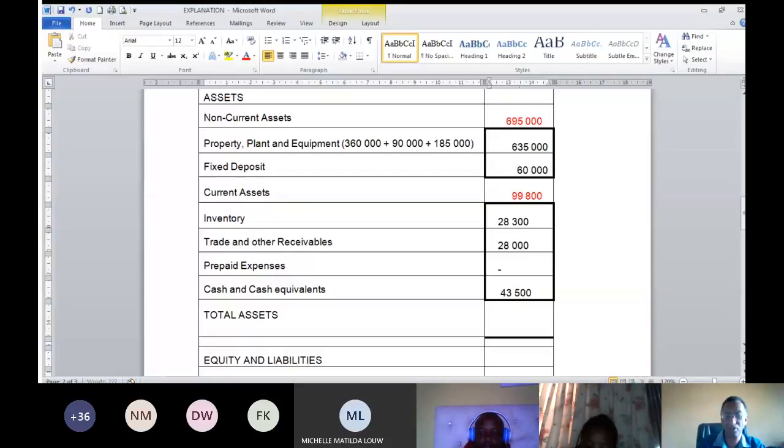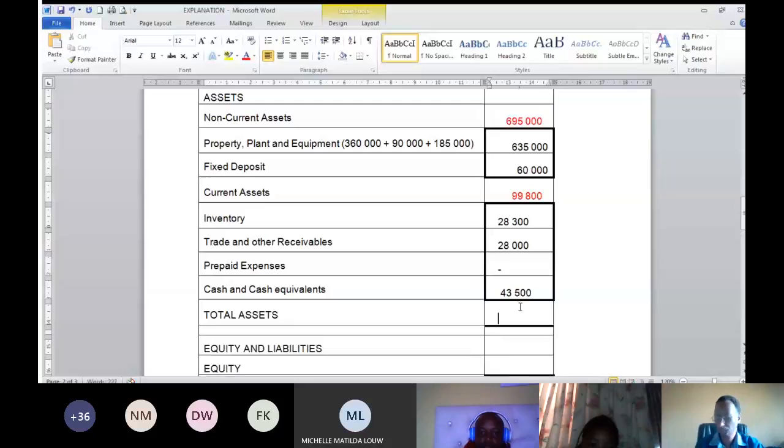Add the two sums together, guys, and that will give me total assets of 794,800 Rand. 794,800 Rand, that is the top part of my statement of financial position. That is the asset section.